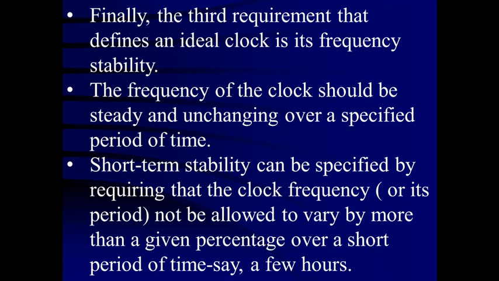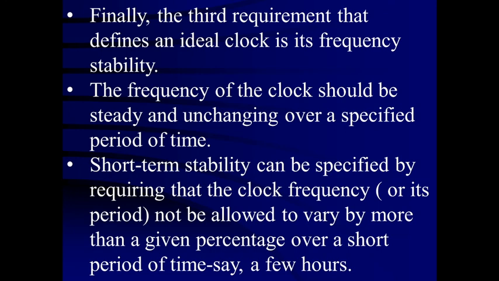Finally, the third requirement that defines an ideal clock is its frequency stability. The frequency of clocks should be steady and unchanging over a specified period of time. That means the clock frequency must be stable, but it cannot be stable indefinitely. There are two different ways we have defined it: it requires a short-term stability and it requires a long-term stability.